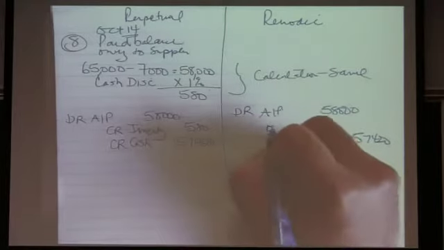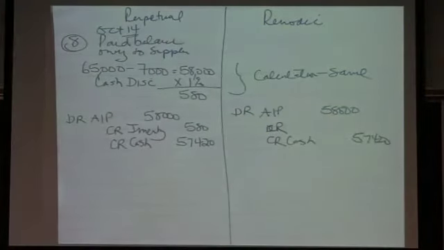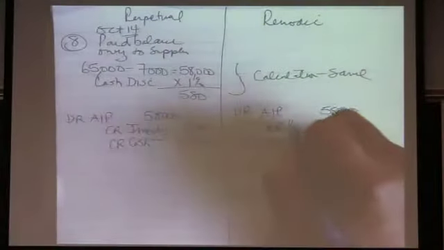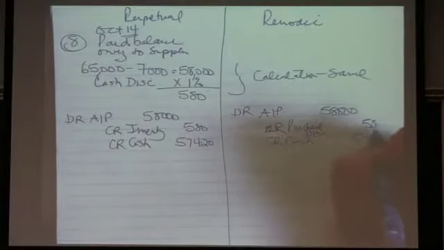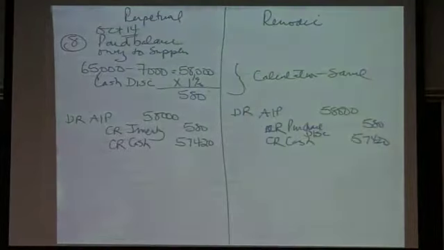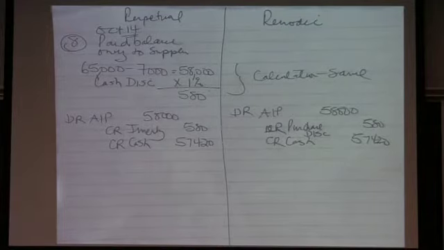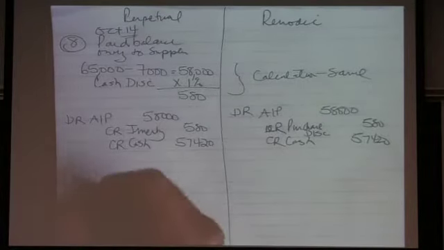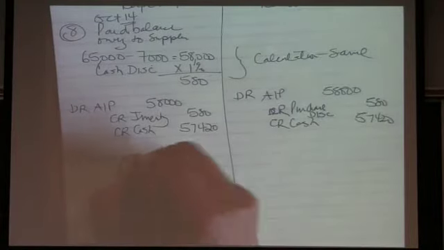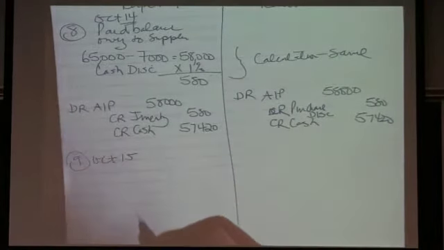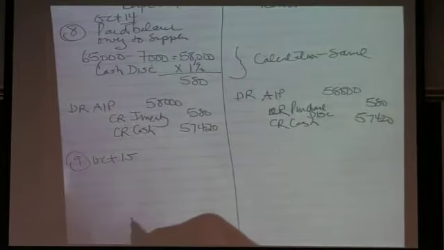But the credit for the discount should go into purchase discount. Again, a different account completely. Now, on October 15th, entry number 9, they purchased merchandise for $7,500 cash.